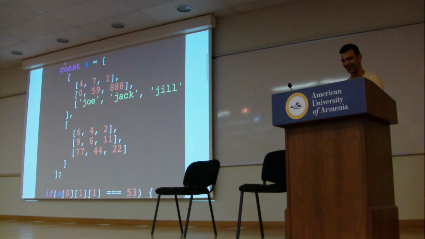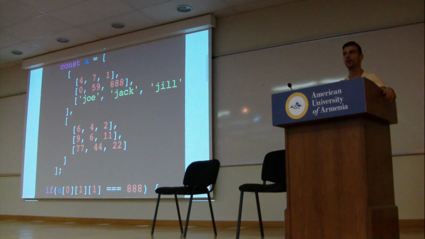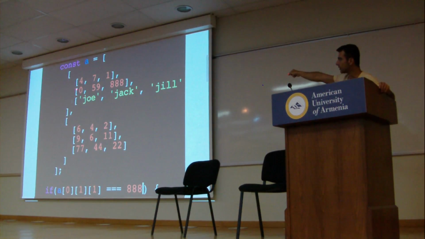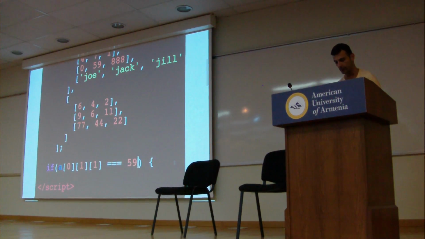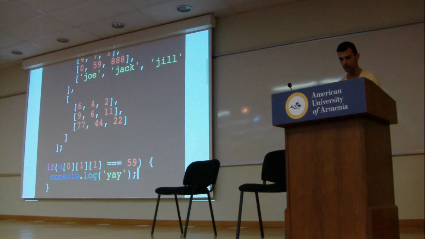False. False? Anyone else? Other ideas? Okay, first, in order to know this, we have to know what value this is. So a of 0 is the first array, right? One index returns this one, well, 0, 1, so that's 59. Is 59 equal to 888? No, but if we do 59 here, we can now do console.log, yay, and we will see yay.